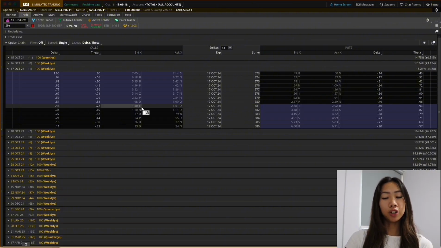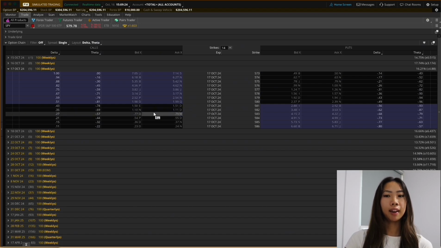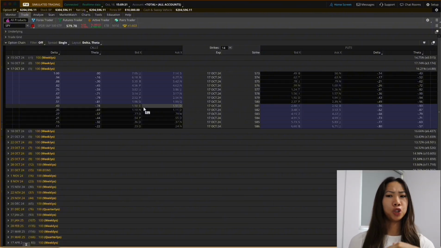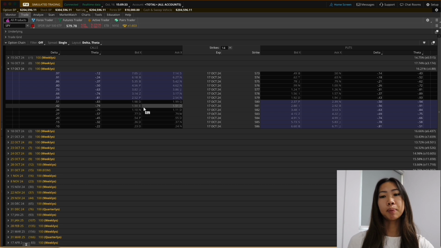Whatever number you see here, you times it by 100. So if you want to pay for a contract, you're going to times that by 100. That's how much you pay to get in the contract. And then once price moves, if price goes in your favor, so you predicted it correctly, you expect price to go higher, you do calls, then you're going to earn $50 based on that one contract.